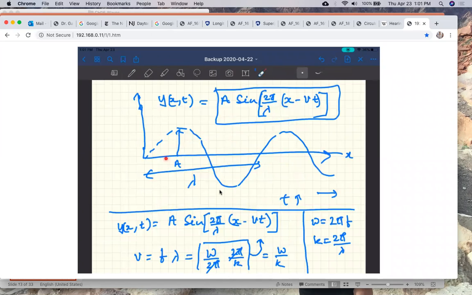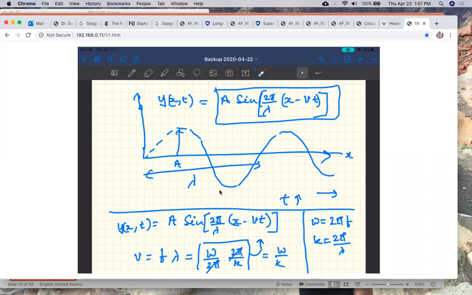So here's, okay, this sine wave traveling to the right was given by this expression. You will see in a second that the velocity of a wave is given by frequency times the wavelength, and frequency omega was 2 pi times f.